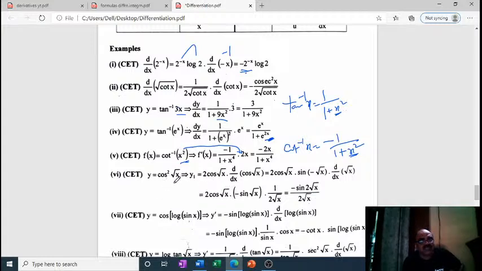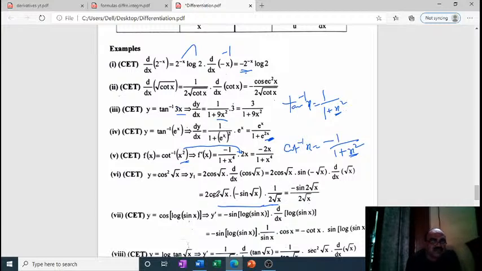Now cos x differentiation. What is cos x differentiation? Minus sine root x. Third is root x differentiation, 1 by 2 root x. All the three put together, it is minus sine 2 root x. Why?